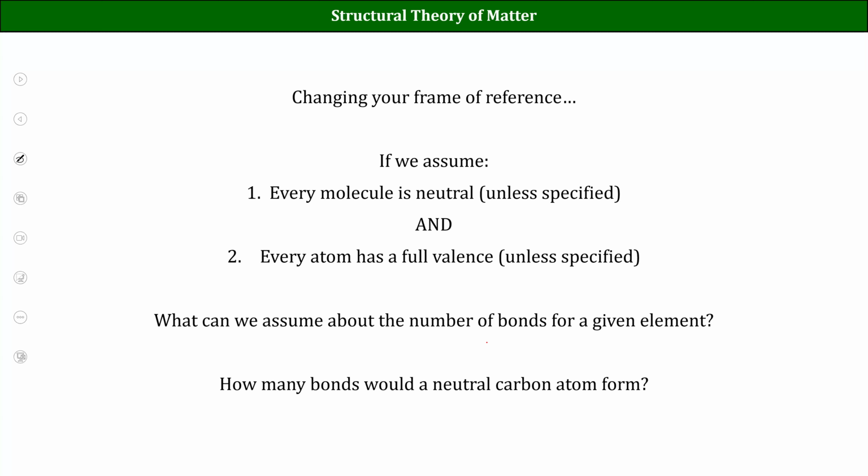And that means that every element is going to have a standard number of bonds. Carbon's standard number of bonds is 4 bonds, because it has 4 vacancies in its valence shell. It needs to make 4 bonds to get to a full valence and still be neutral.